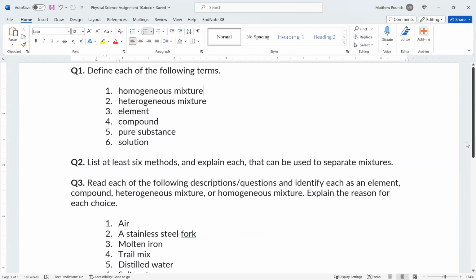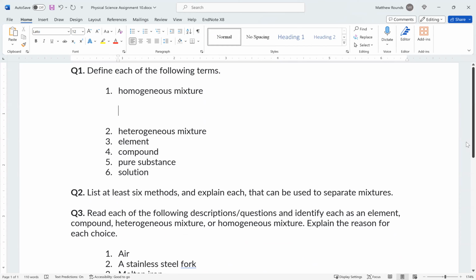Okay, it says to define each of these terms. So the way to do that is you would say a homogeneous mixture is, and so on.